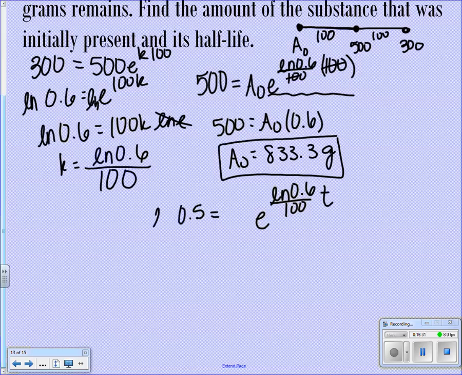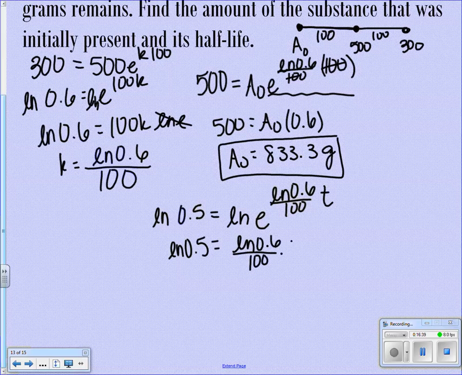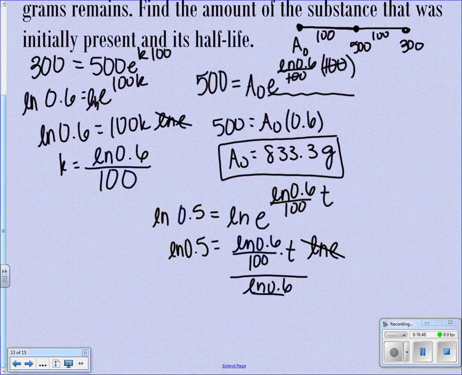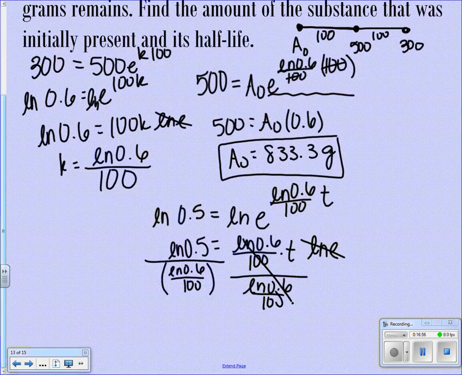So now we're going to add an ln to both sides. So we're going to have the ln of 0.5 equals the ln of 0.6 over 100 times t, and then times the ln of e, which goes away because it's just a 1. So we're going to divide by the ln of 0.6 over 100 to solve for your t. And so plug that into your calculator.